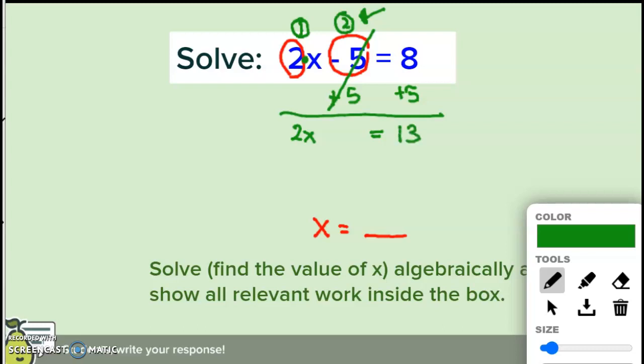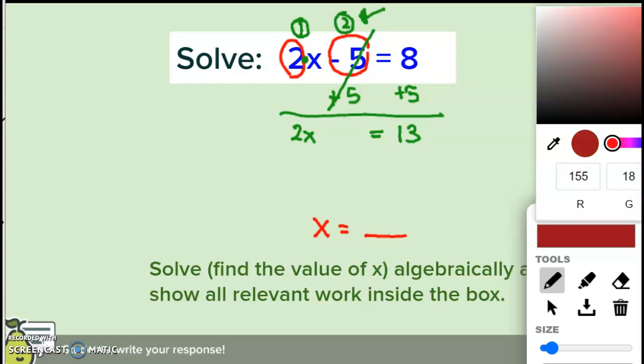Now you need to think about what 2 is doing to x. 2 is not adding to x or subtracting from x, it is being multiplied to x. How do I undo multiply by 2? That's divide by 2.